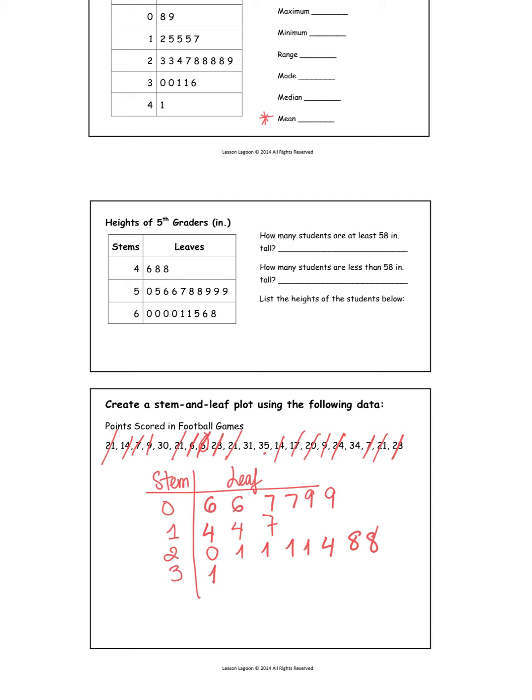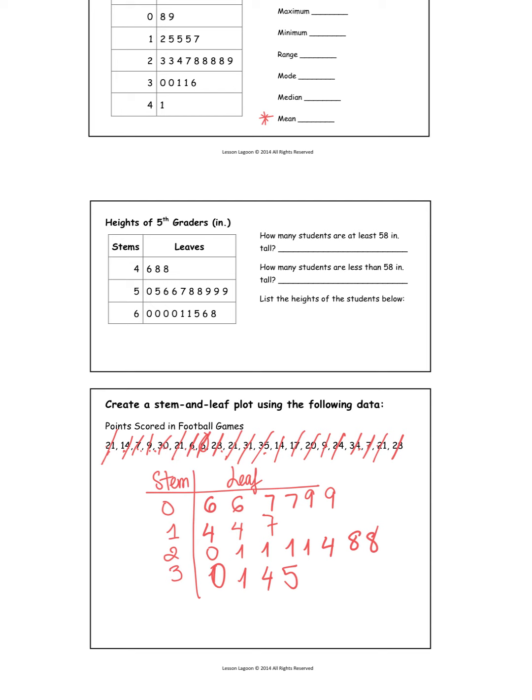31, 34. Oh, there's 30. Sorry. 30, 31, 34, and 35. To make sure we get it all, we will count how many there are. 1, 2, 3, 4, 5, 6, 7, 8, 9, 10, 11. Oh, I miscounted, sorry. 3, 4, 5, 6, 7, 8, 9, 10, 11, 12, 13, 14, 15, 16, 17, 18, 19, 20, 21.